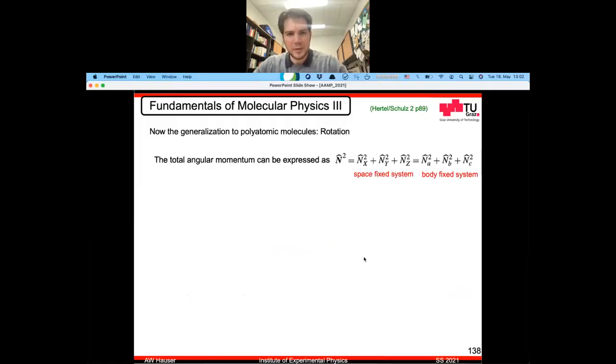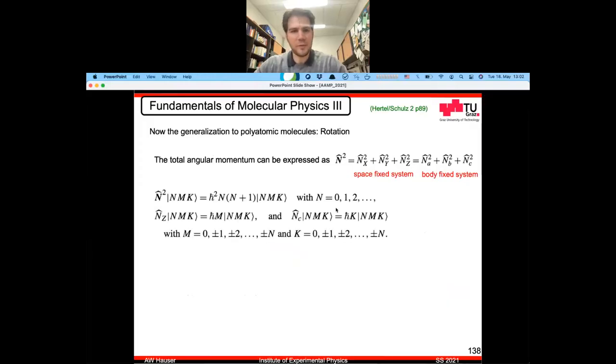By our definition. Okay, so these are our two references. One is our laboratory frame with the z-axis, and one is the molecule or body-fixed system, which is uniquely determined by giving the length of the angular momentum and its projection onto the z-axis.